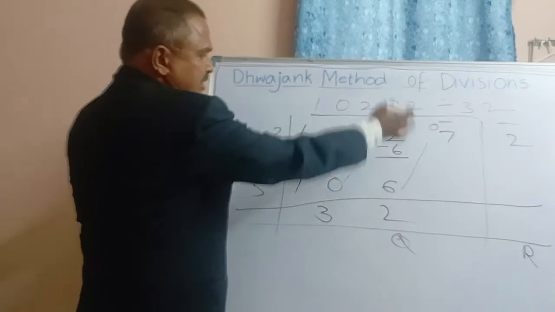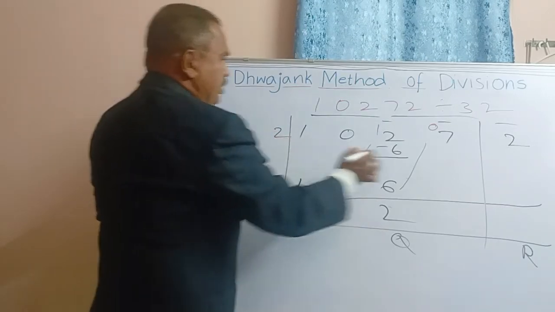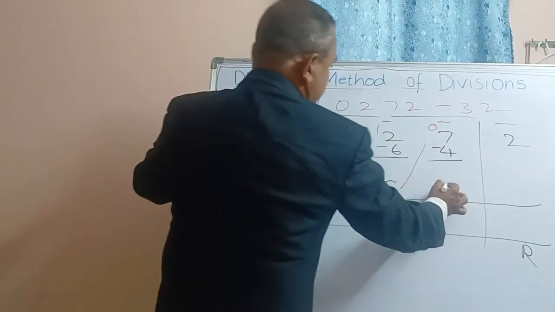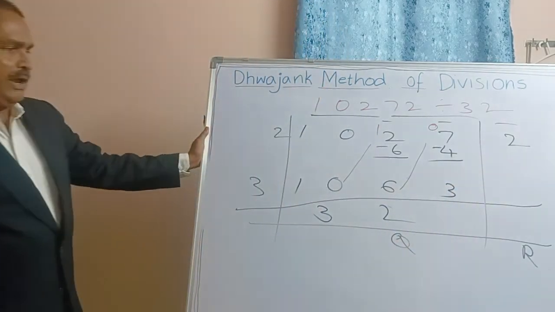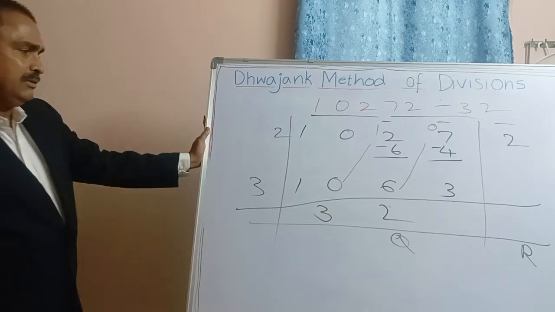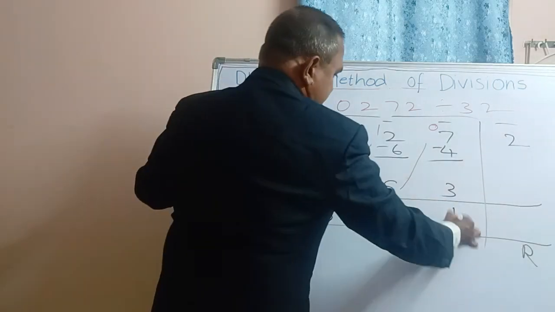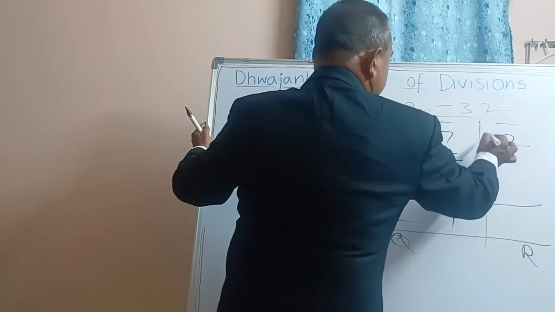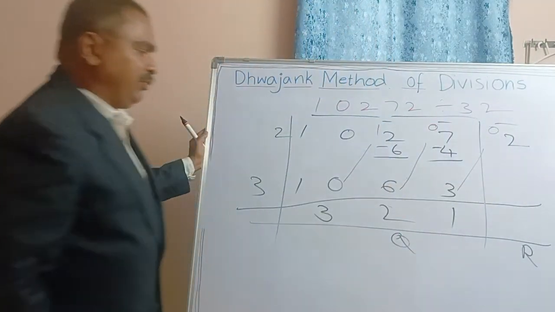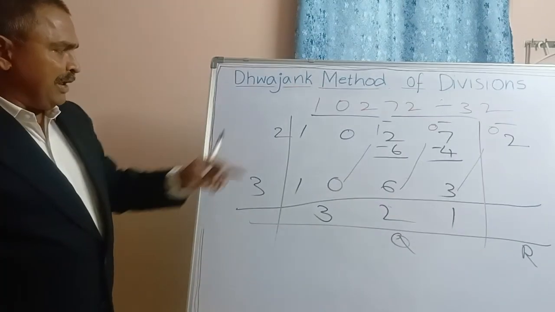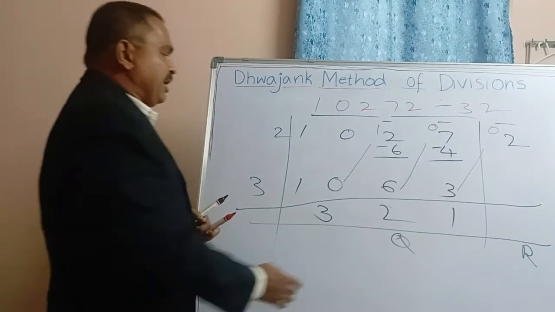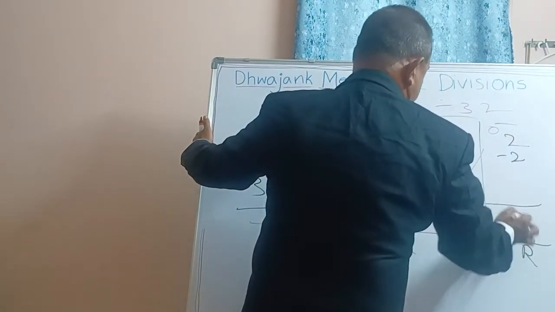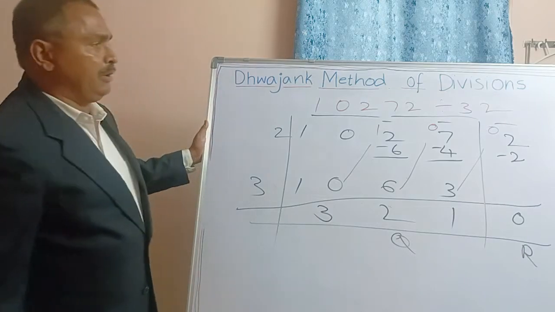Multiply with flag number and subtract from next part. 2 into 2, 4. 7 minus 4, 3. Again, we got number on base number. 3 divided by 3, 1 time. 0 is the remainder. Write 0 here. Again, we got quotient. Multiply with flag number and subtract from next part. 1 into 2, 2. 2 minus 2, 0 is the remainder.